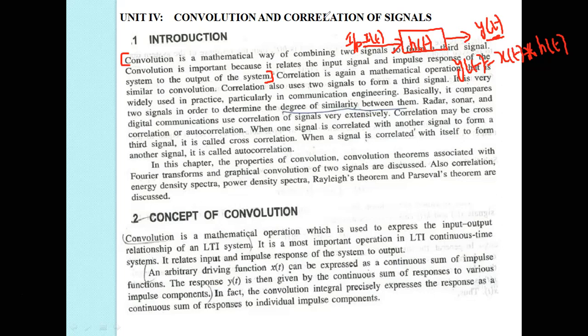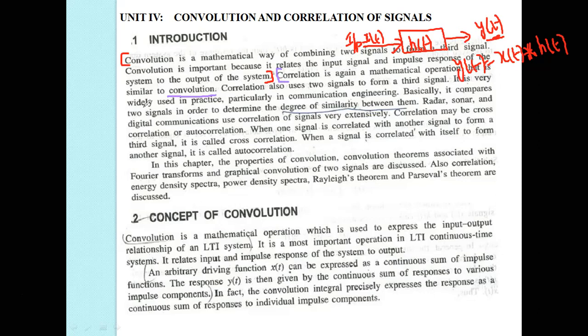Now coming to the correlation. Correlation is again a mathematical operation that is similar to the convolution. Remember here, similar to the convolution. Correlation also uses two signals to form a third signal.